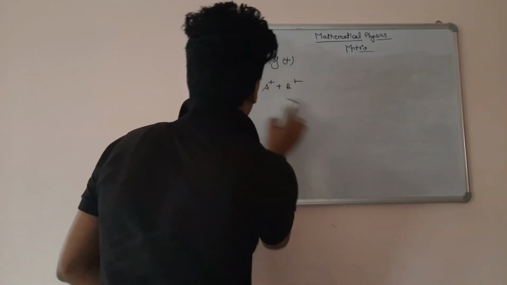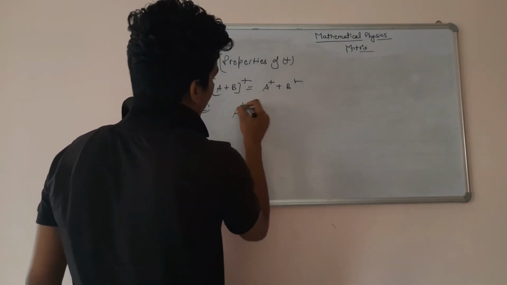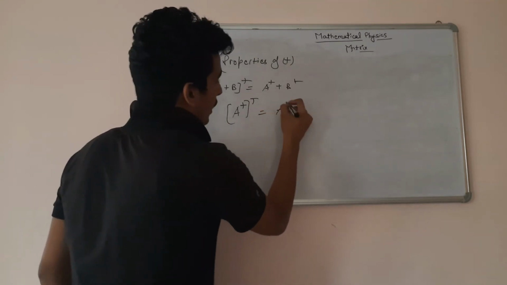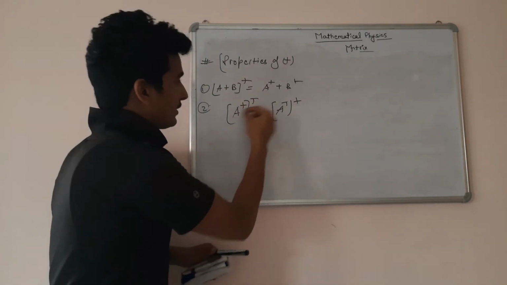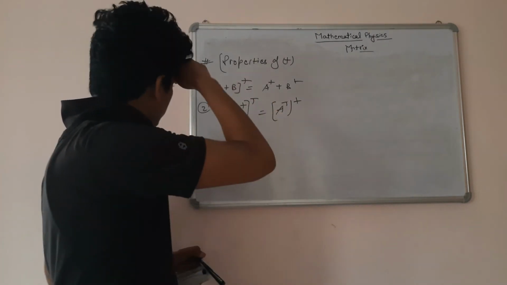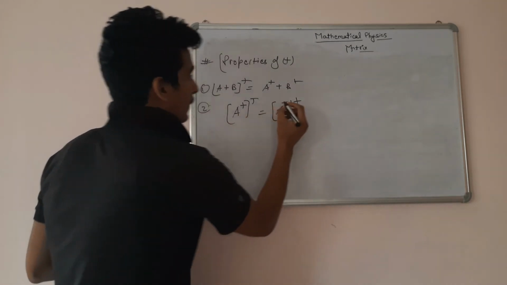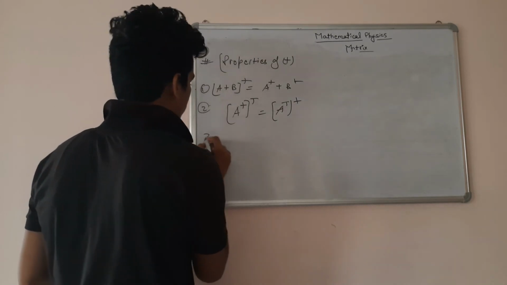Basically, if we do dagger and then transpose, it is equal to transpose and then dagger. So these two operations can be interchanged. There is no change in our result. Do not confuse the sign of dagger and transpose.